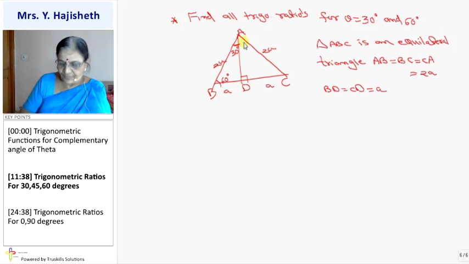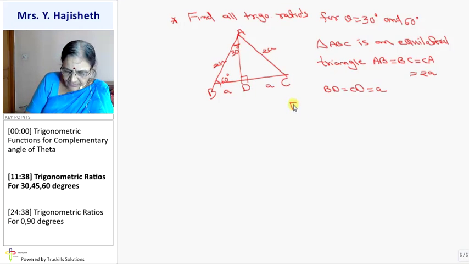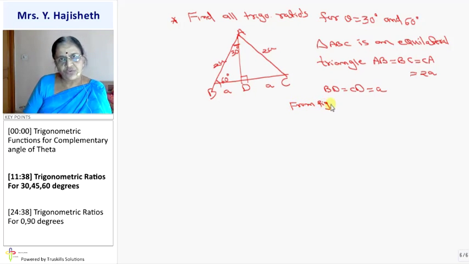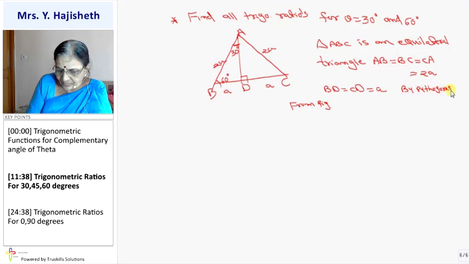Figure is ready. Now from figure, I should find out all the ratios, but before that AD is missing. So by Pythagoras theorem, what is AD square? AD square is AB square minus BD square, okay? Pythagoras theorem.